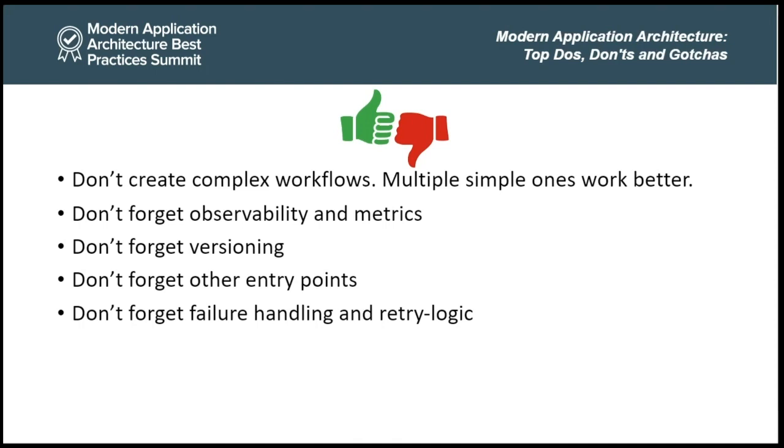Okay. Also, don't forget observability and metrics. Just because this is not something that you're managing yourself and it's running in the cloud, managed by the cloud, don't forget to keep track of the same things, like, okay, how long is this taking? Do I need an alarm to make sure that the things are where they need to be? All those things, remember to consider them as you go along.